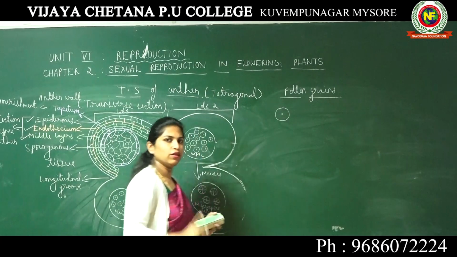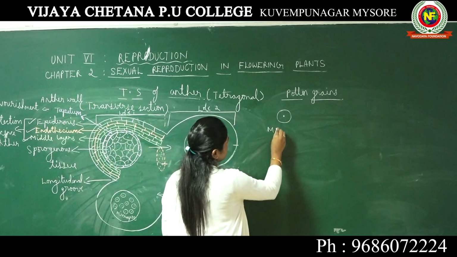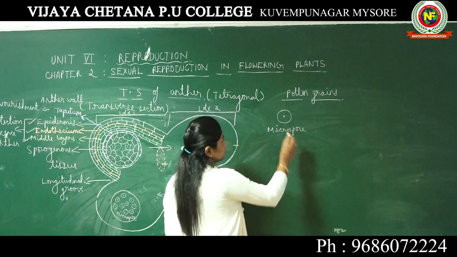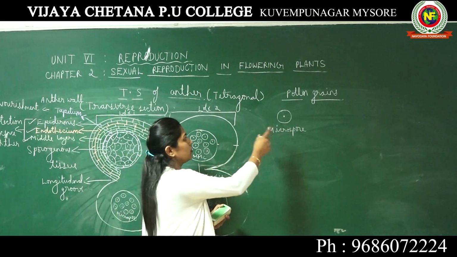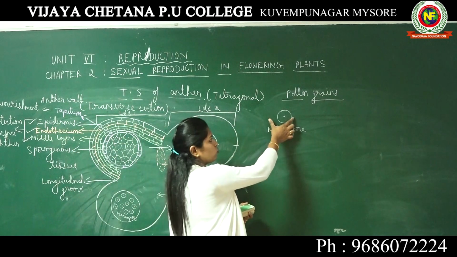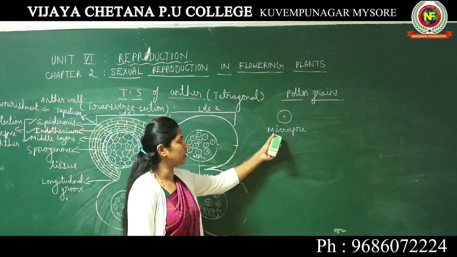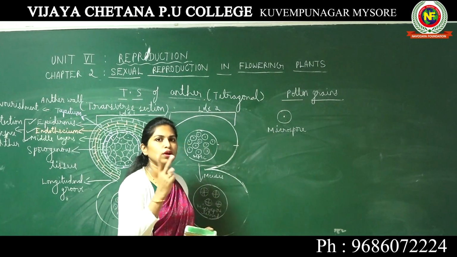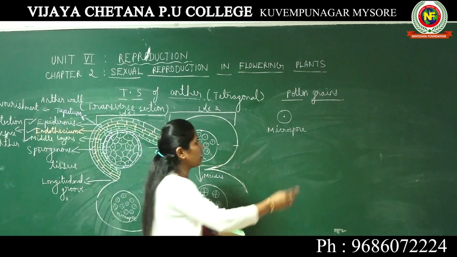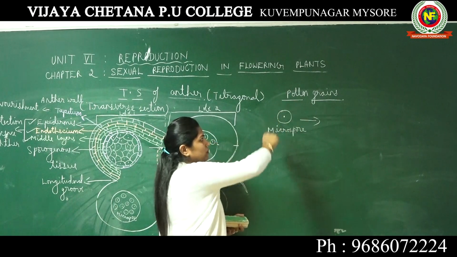I am taking only one microspore from here. What happens is, when the anther keeps maturing, the microspore which has formed as a result of microsporogenesis develops 2 layers surrounding its cell.